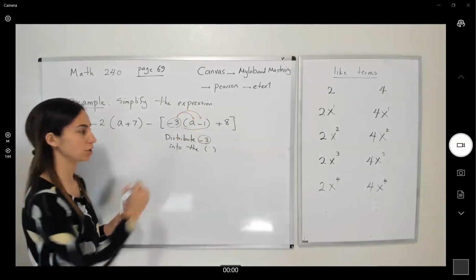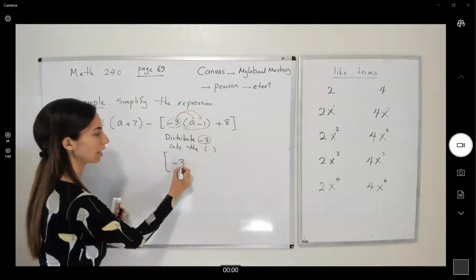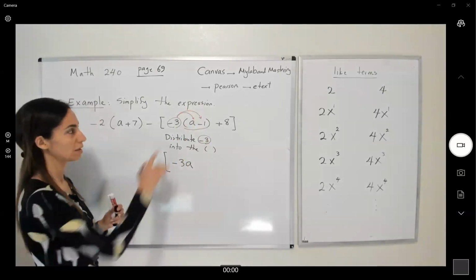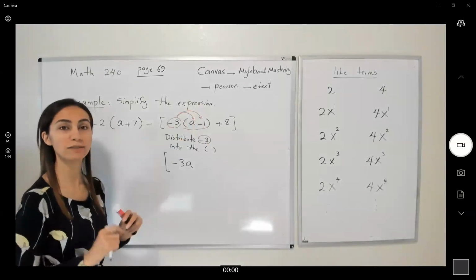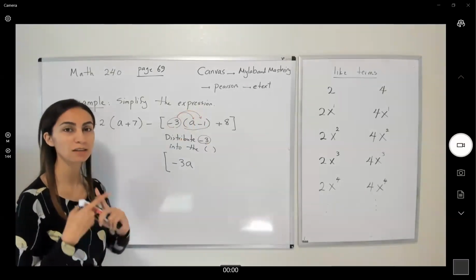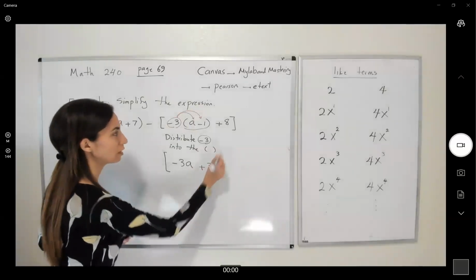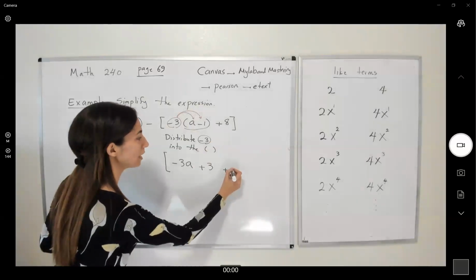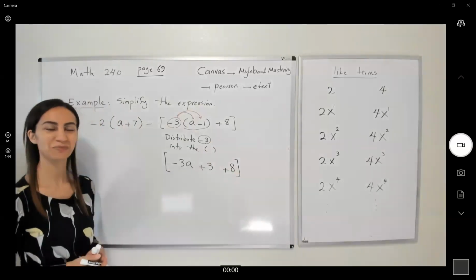So this expression is now going to be bracket minus 3a minus minus 1, two negative signs are multiplied together, so the outcome is positive 3. You also have a constant 8, and you write it here.